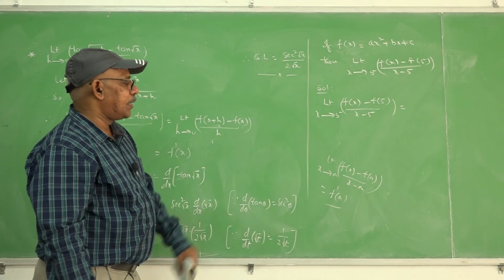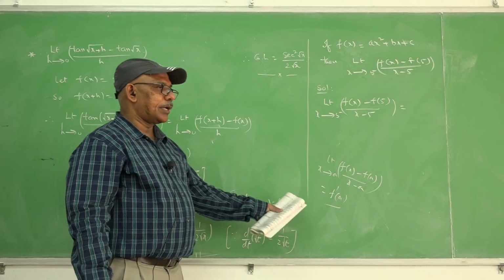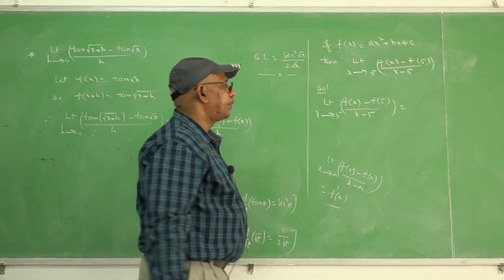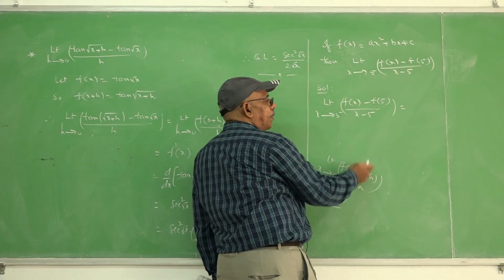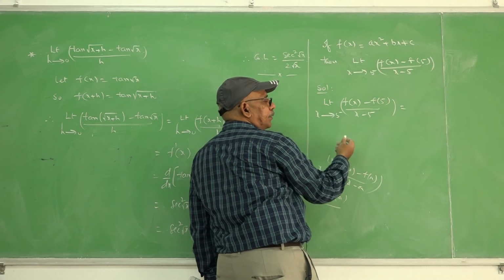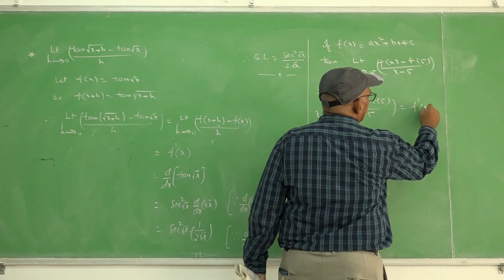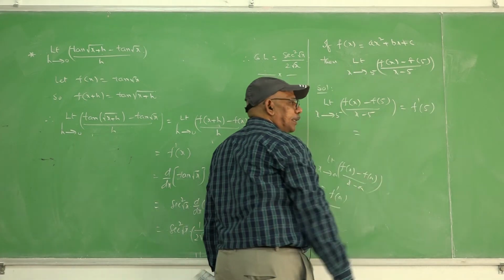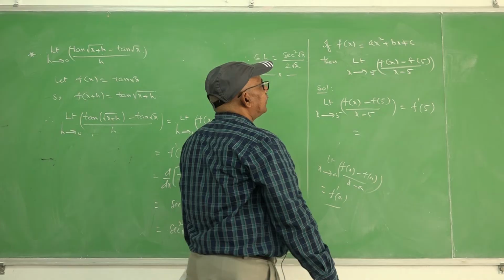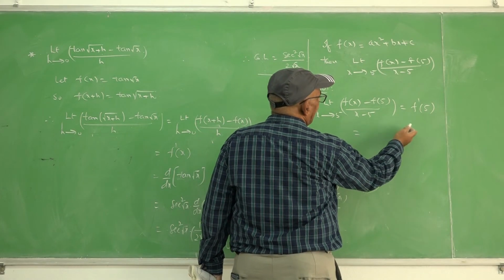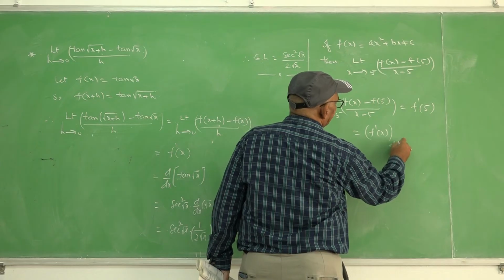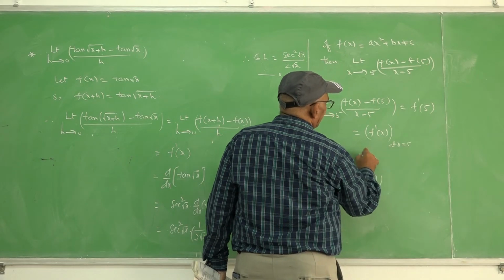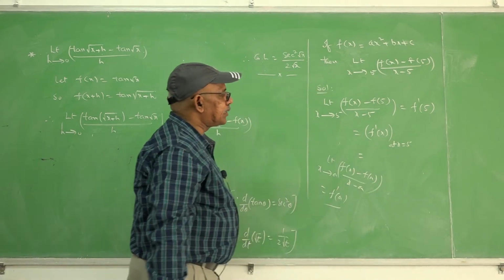By the basic definition of the derivative, straight away you can evaluate that limit with the help of the derivative itself. So this is also in the same form where a takes the value 5. So hence this is equal to f dash 5, the derivative of f at 5. f dash 5 means f dash x at x equal to 5.